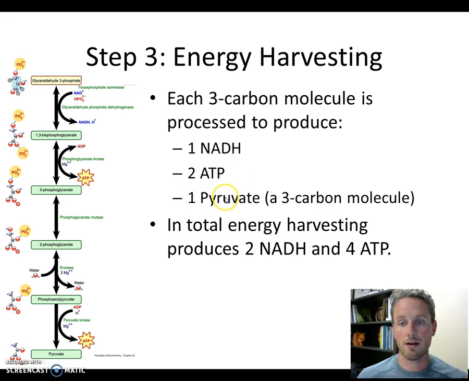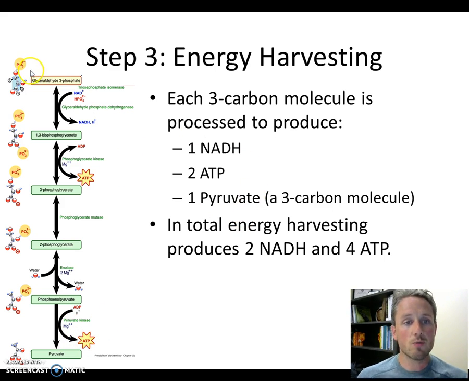And we're going to produce 1 pyruvate molecule, again, a 3-carbon molecule. So we start with this 3-carbon molecule, we do the chemical reactions, and at the end we're going to produce this pyruvate in the bottom left. Pyruvate is still a 3-carbon molecule. Along the way, we produce this NADH, an ATP, and another ATP in this last step.